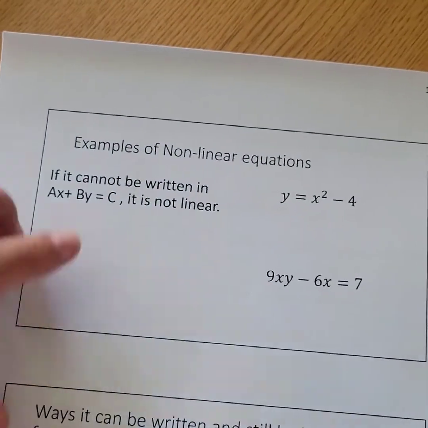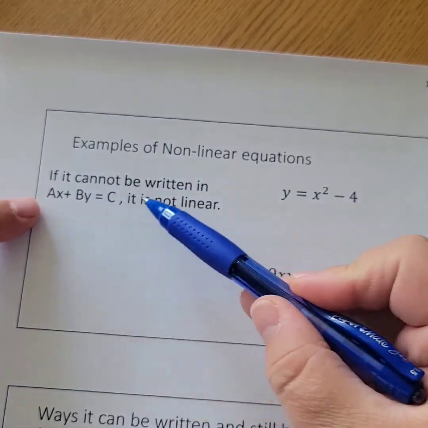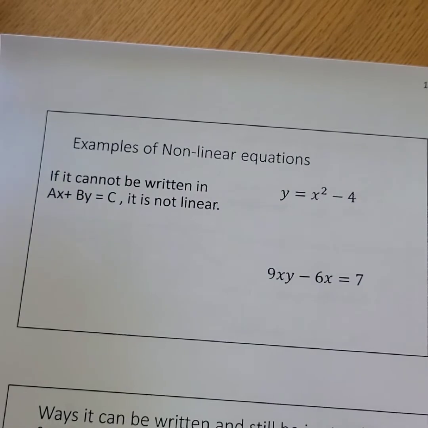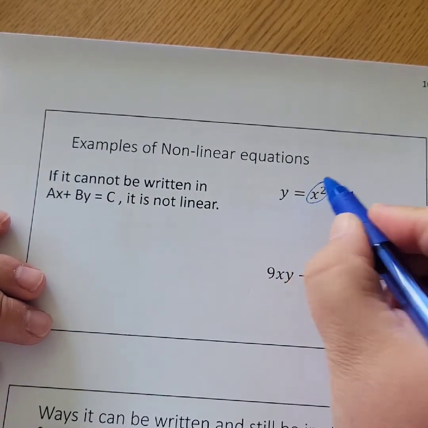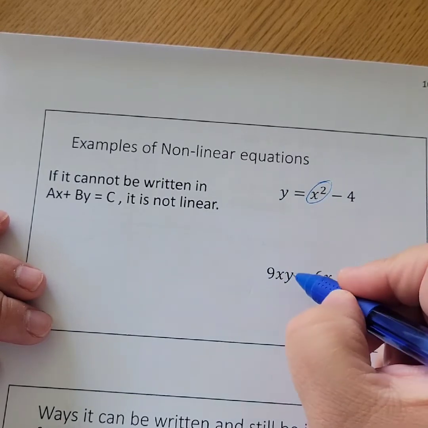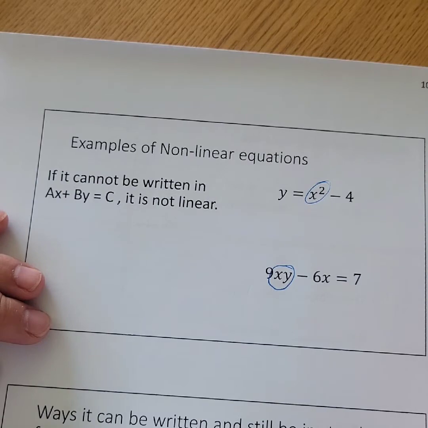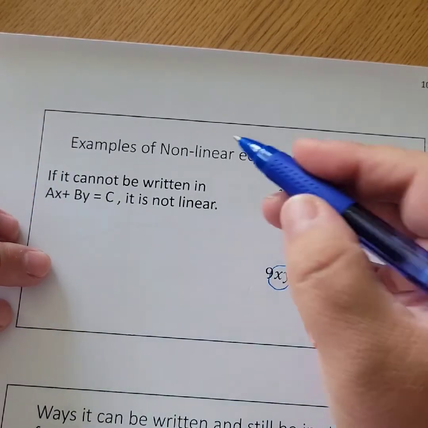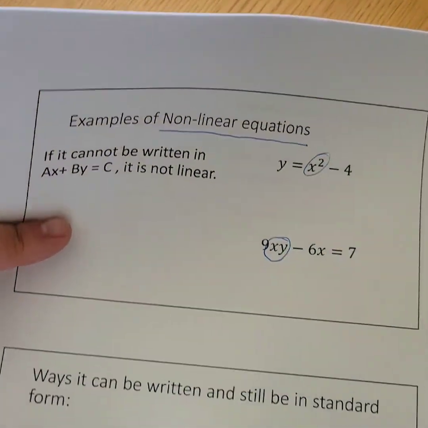Examples of things that are not linear equations. If it can't be written this way, then it's not linear. Okay? So if it has a squared, not linear. If it has two variables, not linear, okay? So these are non-linear, okay?